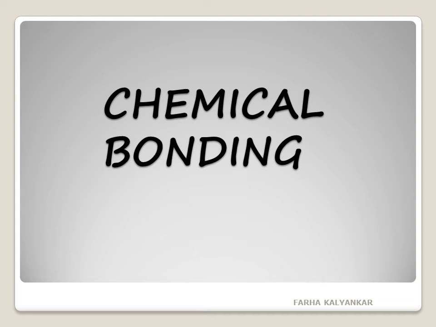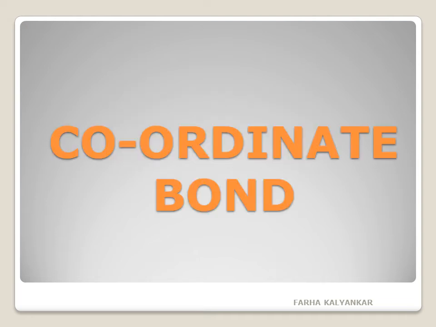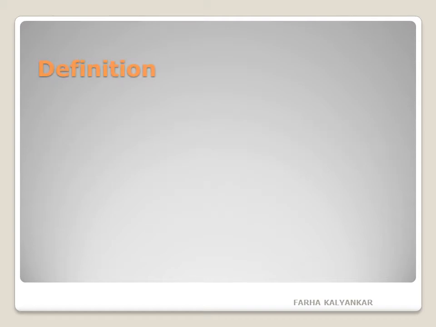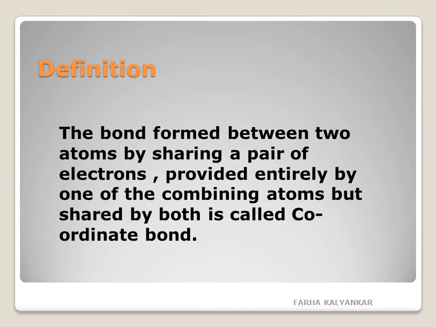In chemical bonding, we are going to study about coordinate bond. The bond formed between two atoms by sharing a pair of electrons provided entirely by one of the combining atoms but shared by both is called coordinate bond.